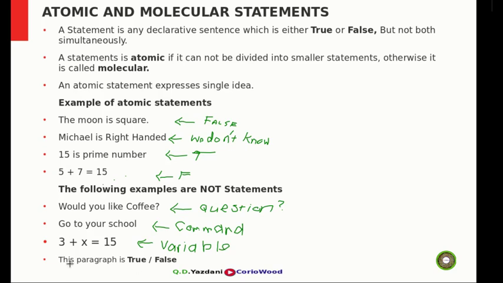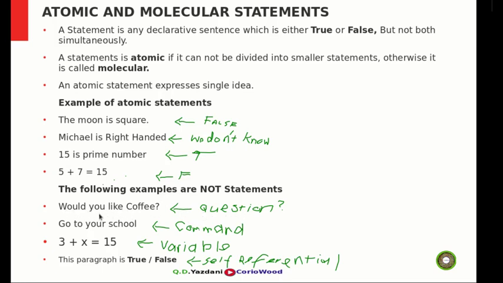The last one, this paragraph is true or this paragraph is false, is called self-referential.